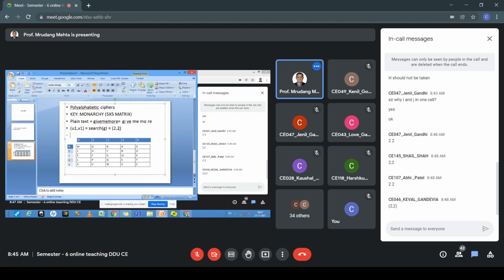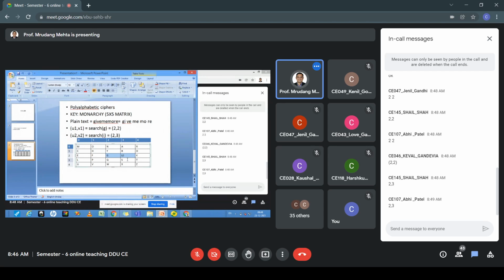Okay. Then for the second character, what is the location? I is 2 3. So in this particular scenario, G and I are in the same row.